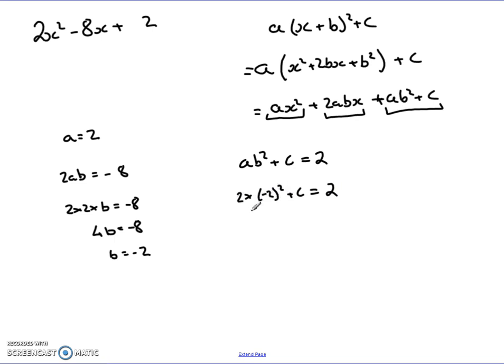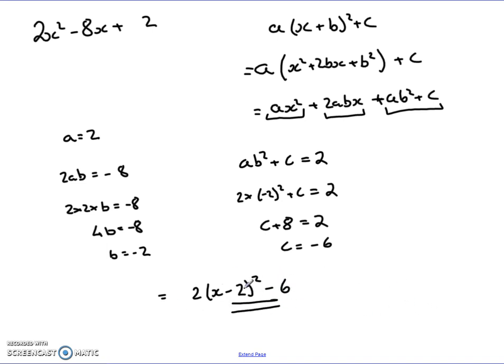Negative 2 squared is 4, times 2 is 8, so I then know that c plus 8 equals 2. Solve that, and I get c equals negative 6. What I can then do is just write my expression using the a, b, and c I've just solved. So I can then write it as 2 bracket x minus 2 all squared, take away the 6. And that there is how I want it.